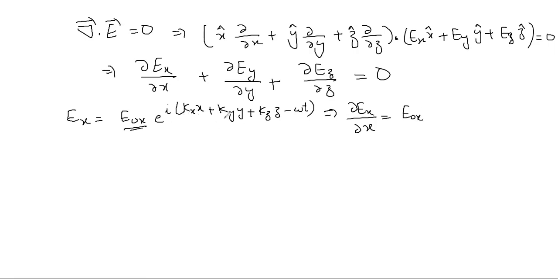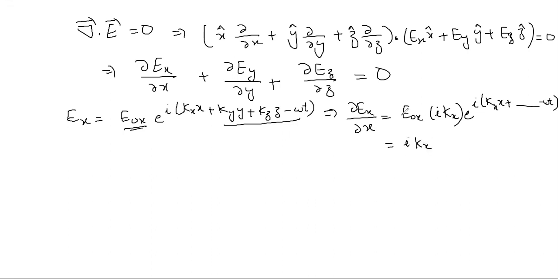If you look at the exponential term and take the derivative with respect to x, what you will get is iota times kx, right? kx has x with it, and the derivative of x with respect to x is 1. Besides that, the remaining three terms: ky y with respect to x will be 0, kz z with respect to x will be 0, and omega t differentiated with respect to x will be 0. And the exponential term should come back as it is. Simple from the derivation rule. You will have everything as it is. Remaining terms also here.